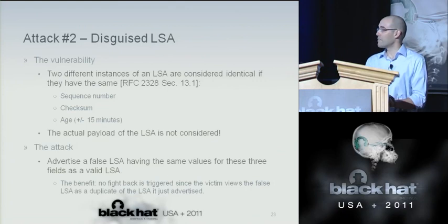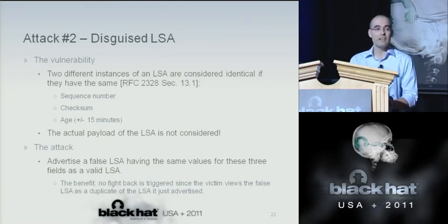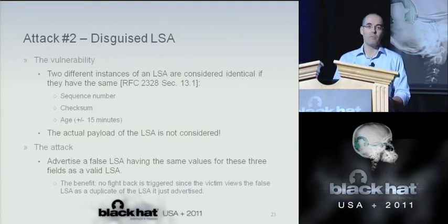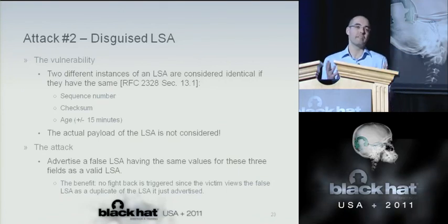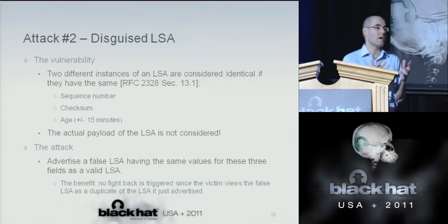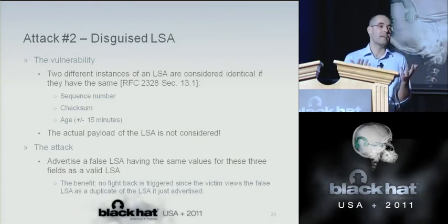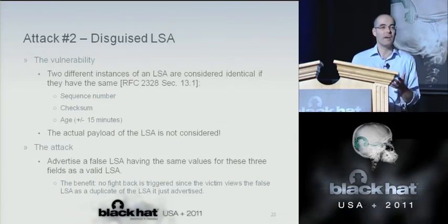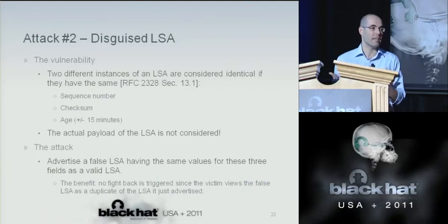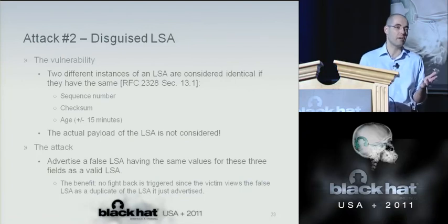That's interesting, and let's see how an attacker can exploit this vulnerability. The attacker can advertise a false LSA on behalf of a victim router while disguising the false LSA as a valid LSA. This has the remarkable benefit that if the victim router now gets this disguised LSA, it will simply ignore it and regard it as a duplicate of the valid LSA he recently originated.